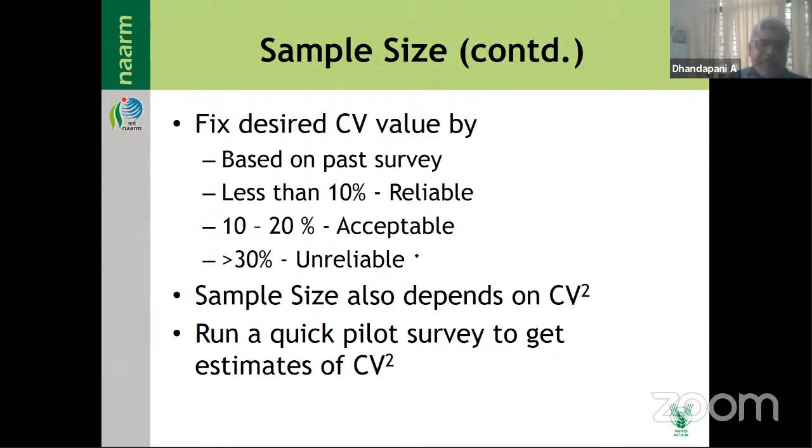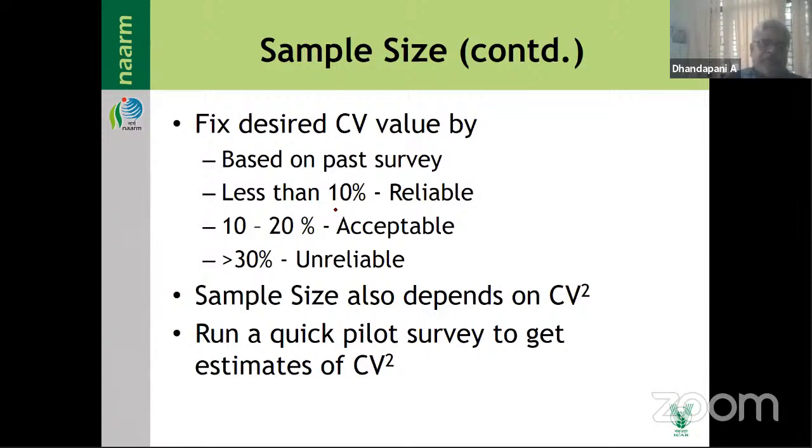Typically, some statistical agencies look at it because if the estimate you are going to produce has a high CV, then the results are unreliable. Depending on the statistical agency, you will find they vary from 4%, 5% up to 10% or so.